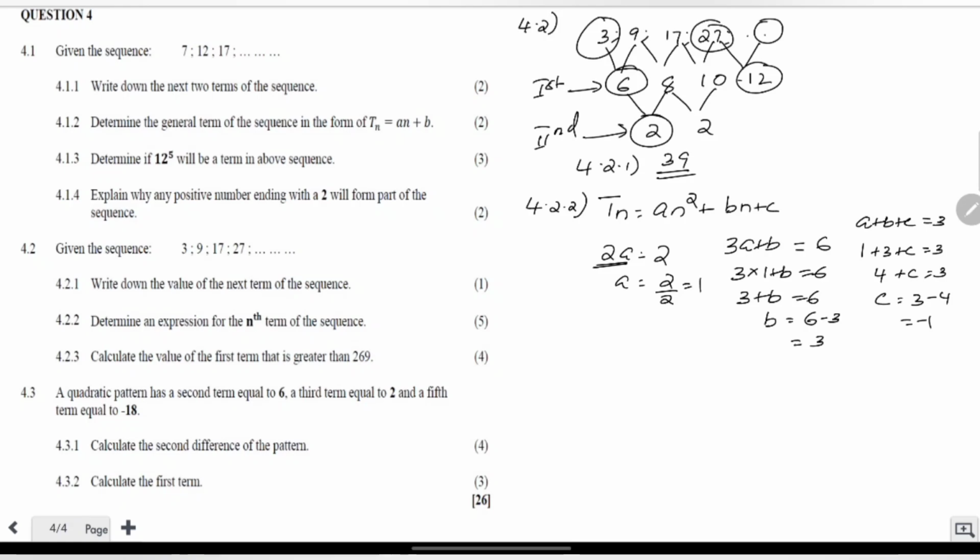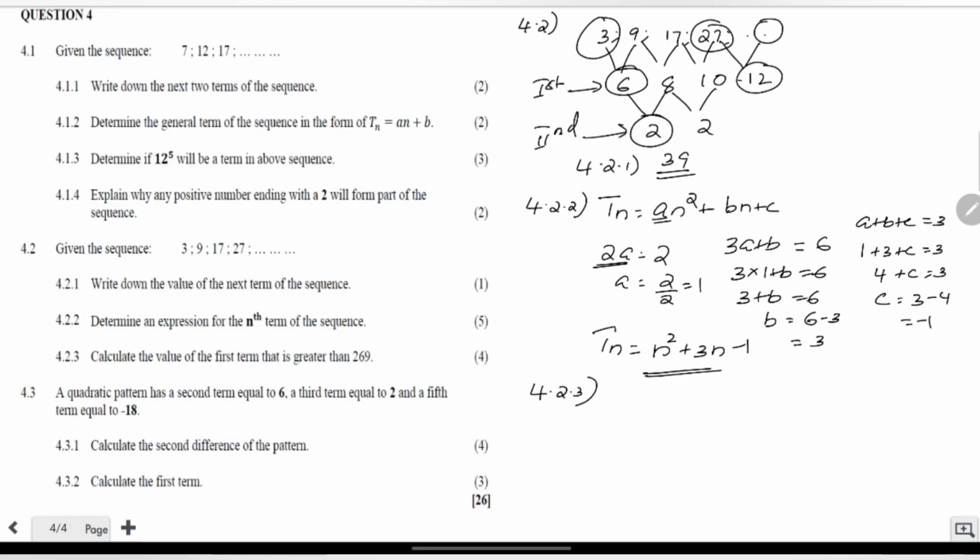The answer is minus 1. So we got it. That is how many marks? 5 marks. So just write it. Tn is equal to a with the 1, that is 1n square, that is n square, plus b is 3n, then c is minus 1. So we got it. So this is how we do it. I think many of you know this question. Then 4.2.3.